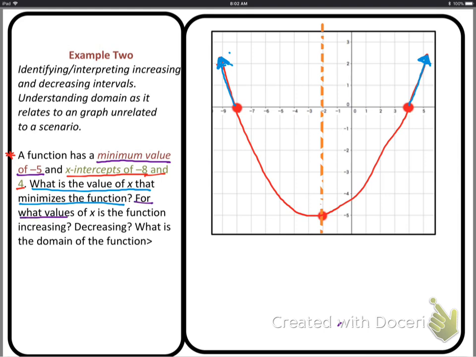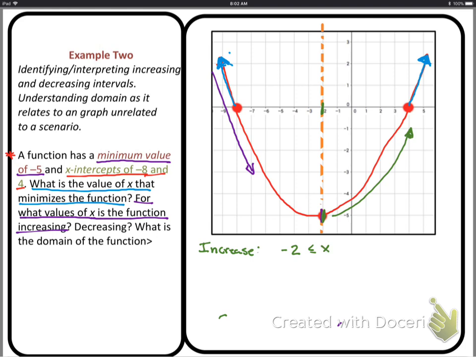For what values of x is the function increasing? If we start off our graph, it starts off with a decrease, and it decreases all the way to the vertex over here at -2. Then it goes up, increasing after the vertex. So our increase is from -2, it starts at -2.